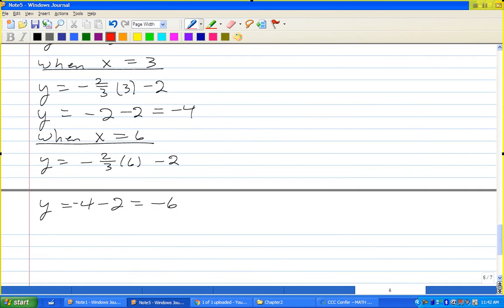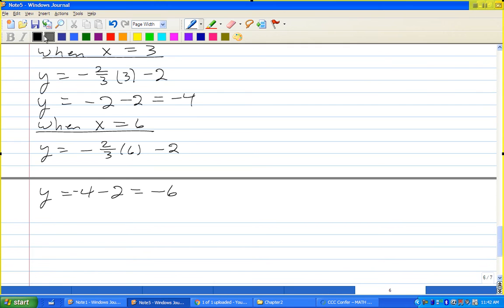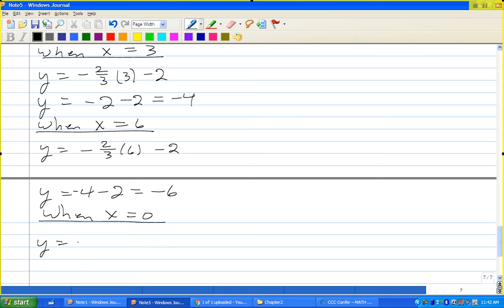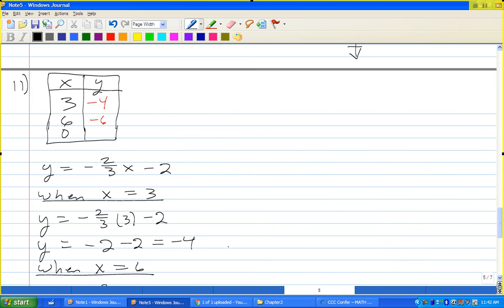And when x equals 0, I have y equals negative 2/3 times 0 minus 2. Well, negative 2/3 times 0 is 0, minus 2 is negative 2. And so I have negative 2. Let's sketch the graph of this.